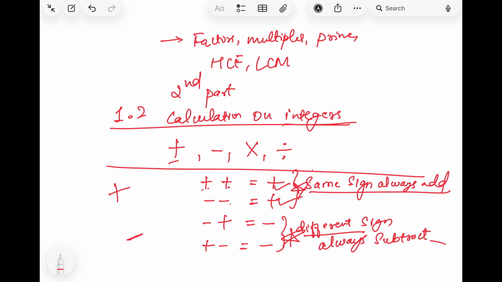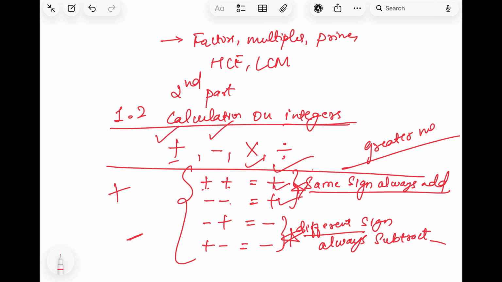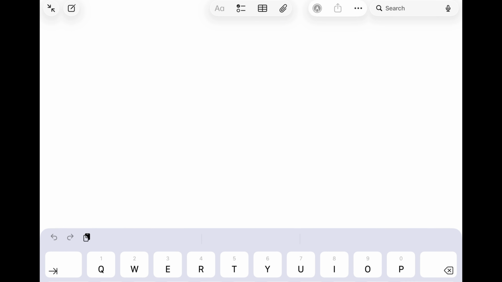One more important thing: when you perform addition and subtraction, you take the sign of the greater number, but we don't follow this in multiplication and division. In multiplication and division, we follow the four rules purely. In addition and subtraction also, we solve using these rules, but then we put the sign of the greater number.